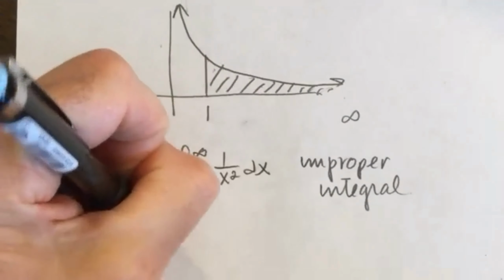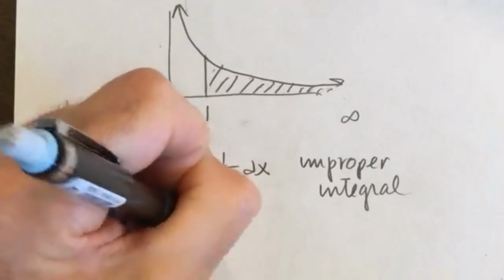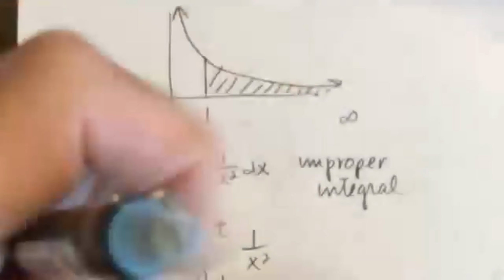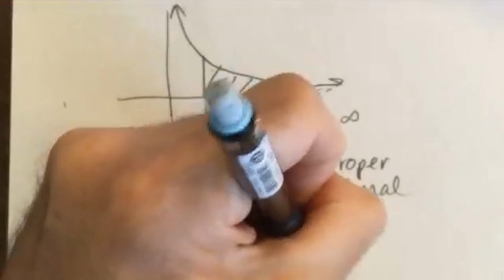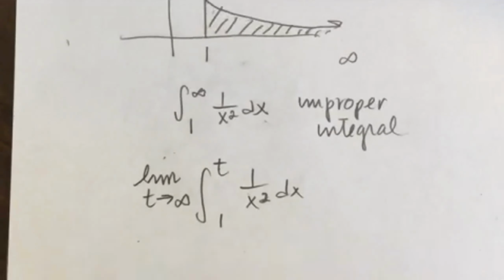We say, take the limit as t goes to infinity of the integral from 1 to t of 1 over x squared dx. In other words, we can't do it when the upper limit is infinity, but we can do it when the upper limit is a number, and then we let that number get bigger and bigger and bigger.